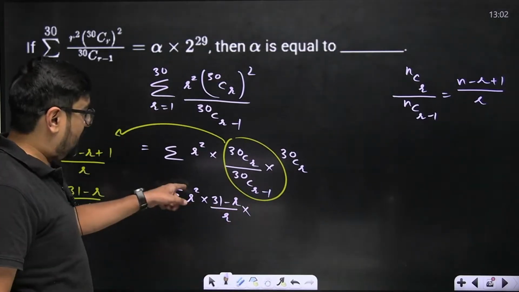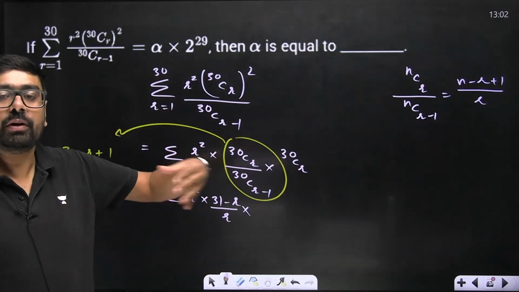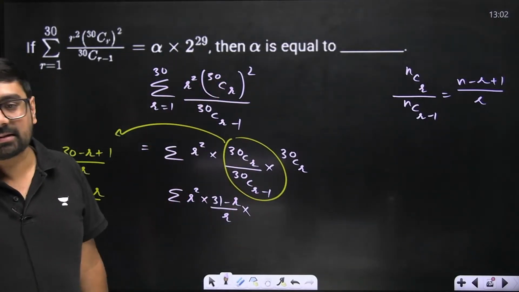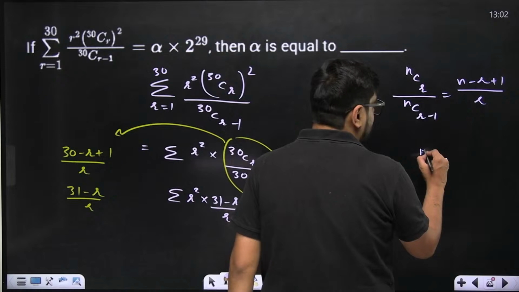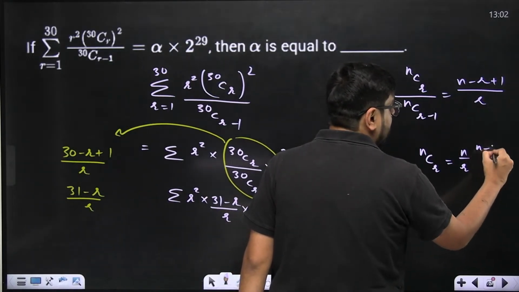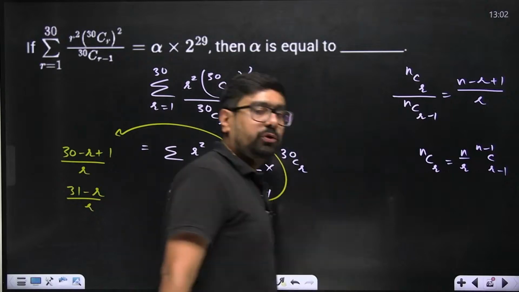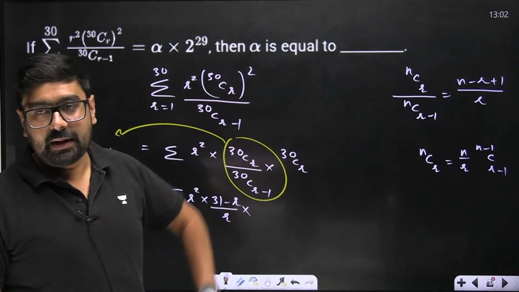Now I have one R, I can cancel this, but still I want to get rid of this R square completely, then only I can expand this summation. So now this other 30CR. I know NCR can be written as N by R, N minus 1 CR minus 1. This I should know, right? NCR can always be written like this.